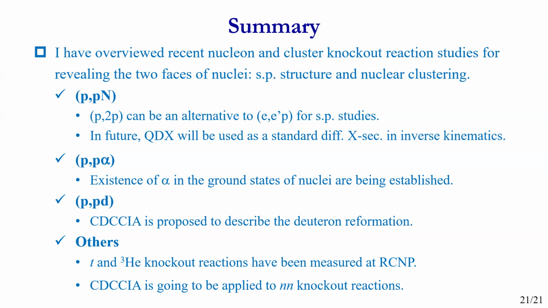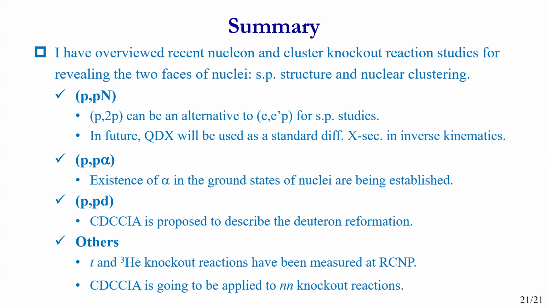For PP alpha, the existence of alpha in the ground state of a nuclei are being established, but the theoretical description is successful only a very limited case. So we should make it more systematic with the help of nuclear structure people. For PPD, we should treat the fragileness of deuteron, and CDCCIA can be used for that purpose.